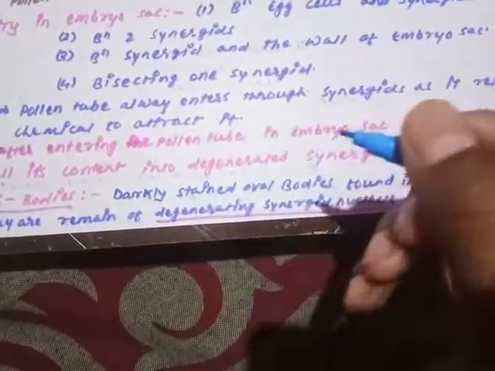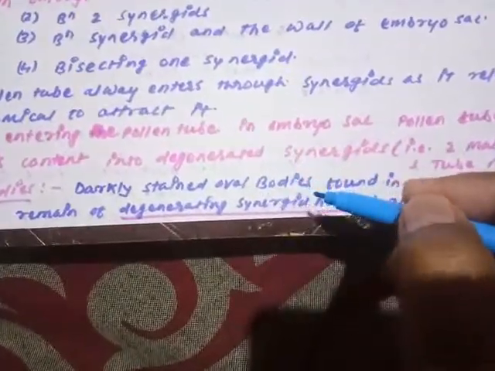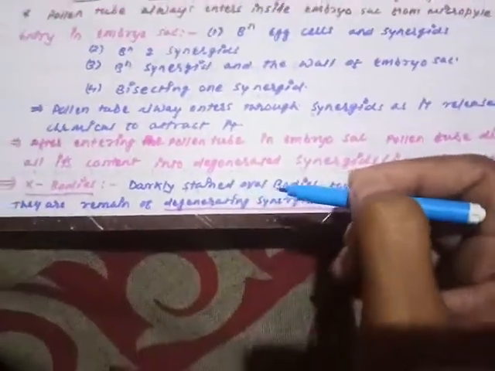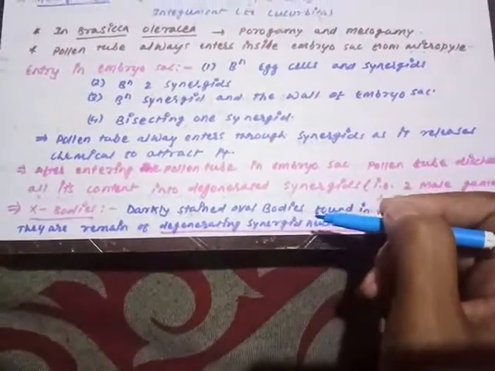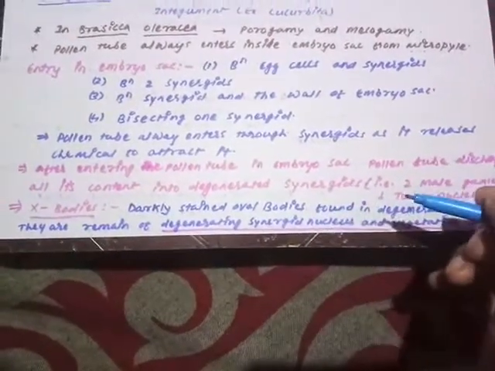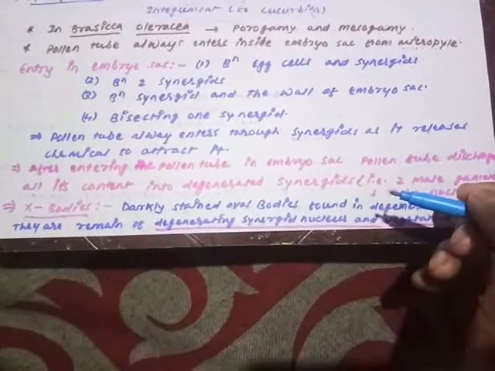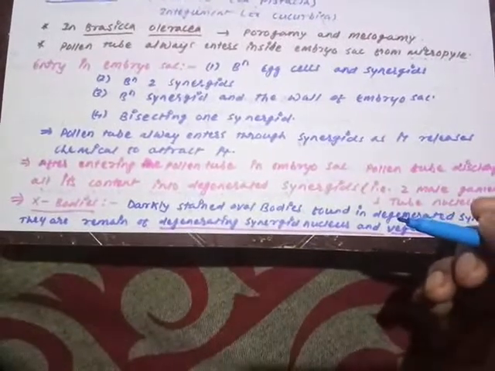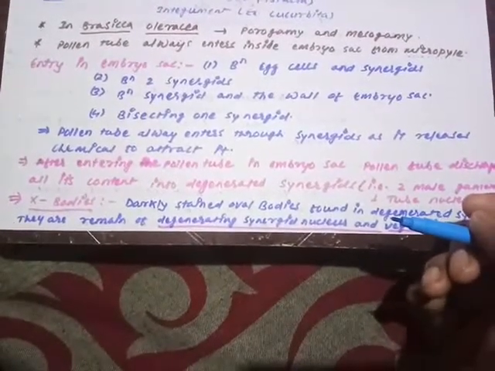What happens at the time of discharging these materials of the pollen tube into the degenerating synergid? The synergid has the appearance of some darkly stained oval bodies. These darkly stained oval bodies are present in the degenerating synergid, and they are asked about in the NEET examination.